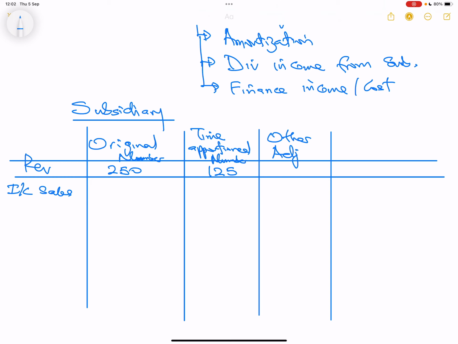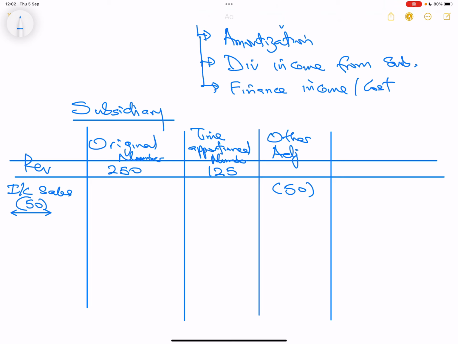But if it happens after the acquisition, then we need to take that sales into consideration. In that case, all of that sales will be relevant for adjustment. So all the revenue must be removed. So you need to deduct the revenue. So let's say intercompany sales was 50. We are not going to apportion this 50. It's the whole 50 that happened after the acquisition that will have to be taken away from the revenue.